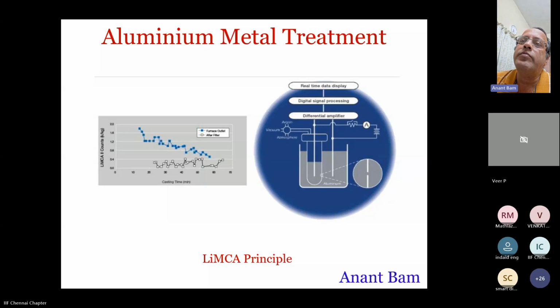When you apply vacuum to the tube, liquid aluminum gets sucked into the tube through that small orifice. And once contact is established between the two electrodes, you get a current and a voltage at the ammeter and voltmeter.